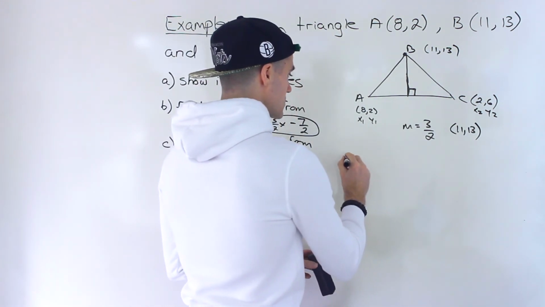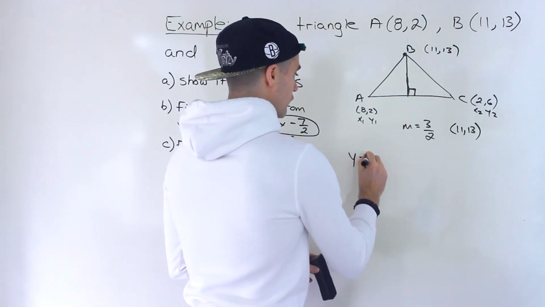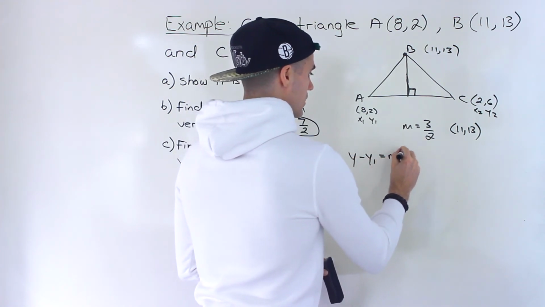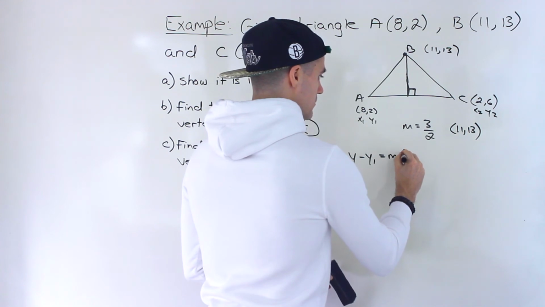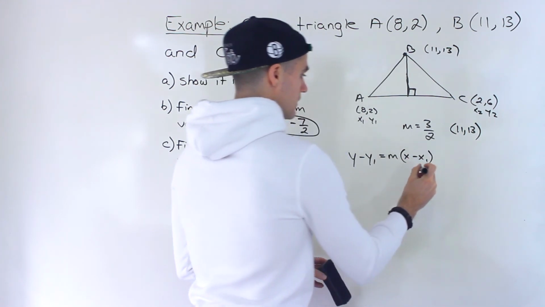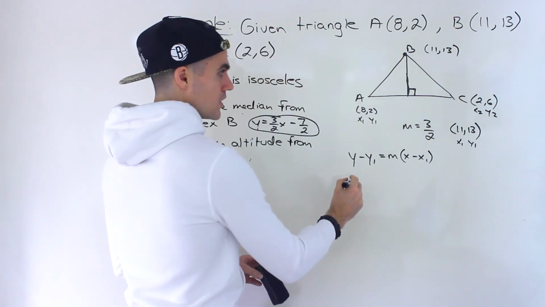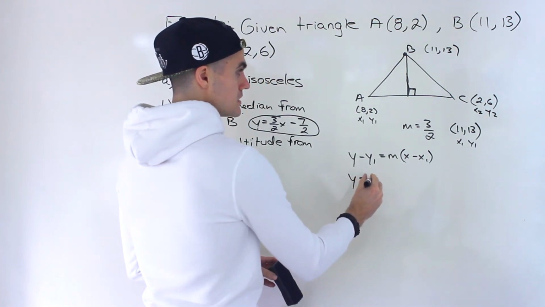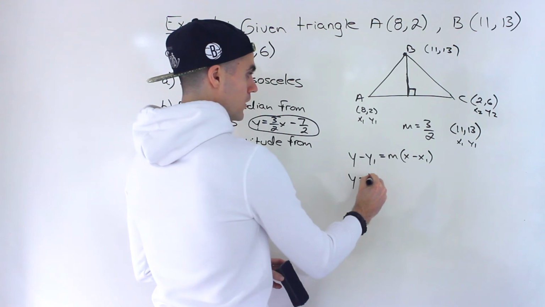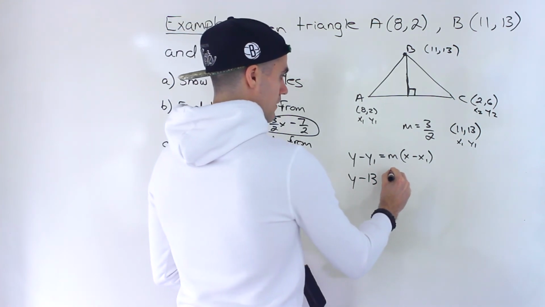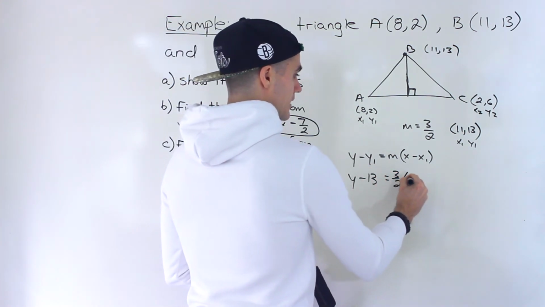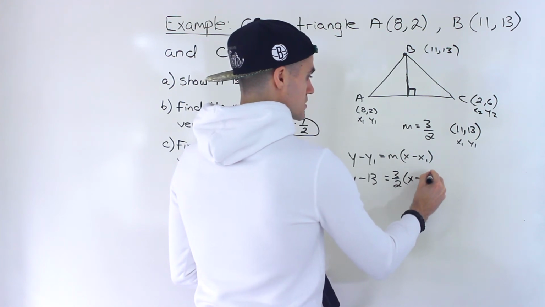Let's actually use that other formula. Usually I'm using just y equals mx plus b, but let's switch it up in this case. So this is the x1, y1 that we're going to use. So we're going to have y minus y1, which is 13, and then we'll have 3 over 2, x minus x1, which is 11.